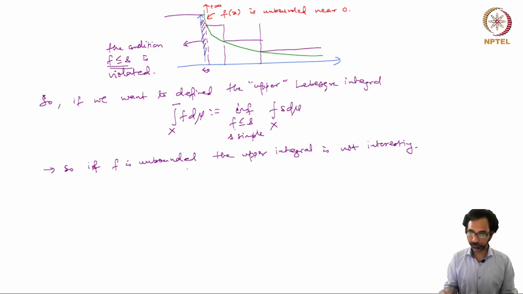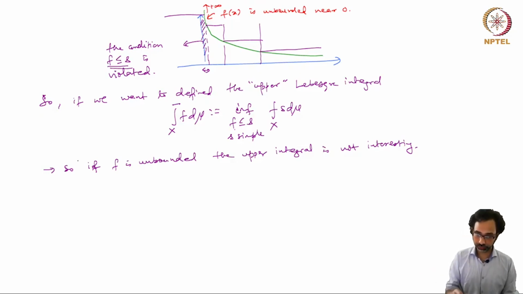So that's one reason why we take only the lower Lebesgue integral to define our Lebesgue integral for unsigned measurable functions.